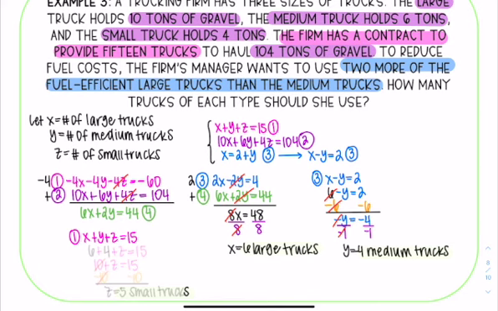We end up with 6 plus 4 plus z equals 15, or we get 10 plus z is 15. And when I subtract 10 from both sides, we get that z is equal to 5 small trucks.